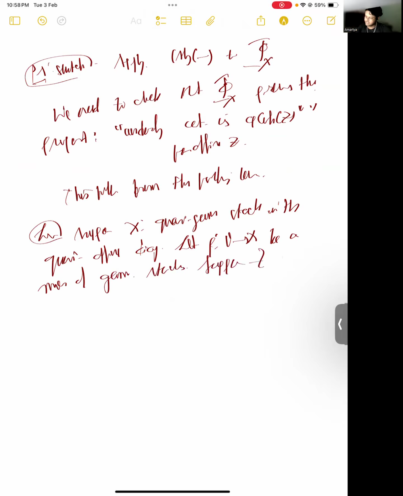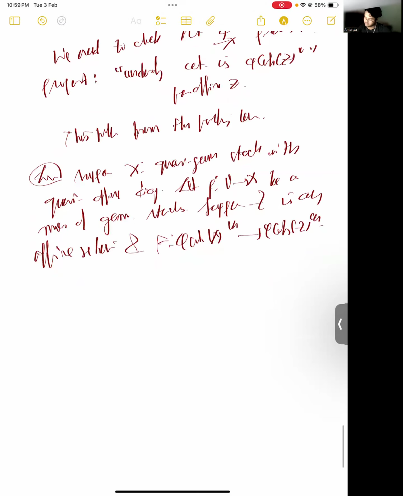Suppose Z is an affine scheme and F from Q-coh of X to Q-coh ZCN is a colimit preserving symmetric monoidal functor.